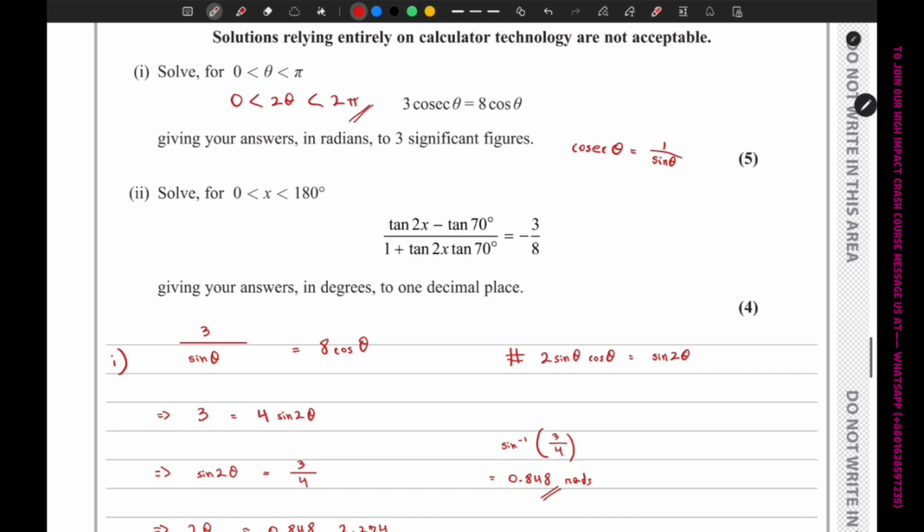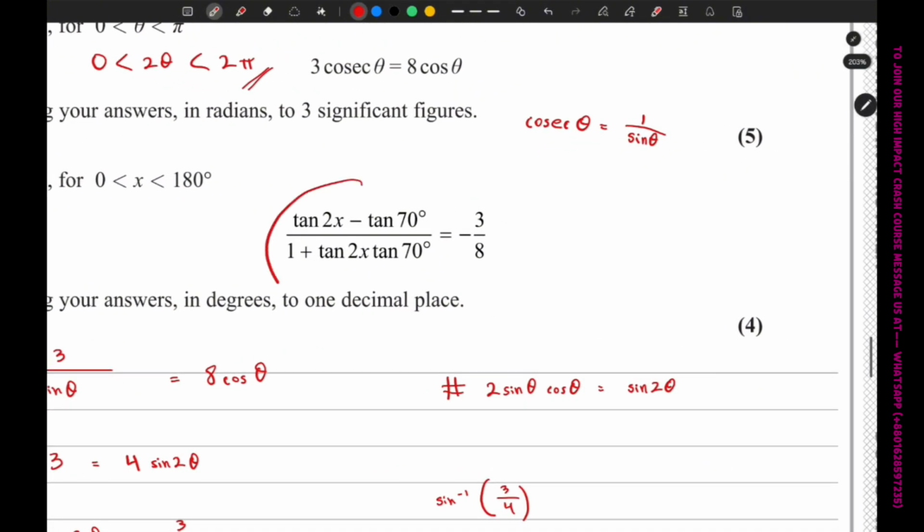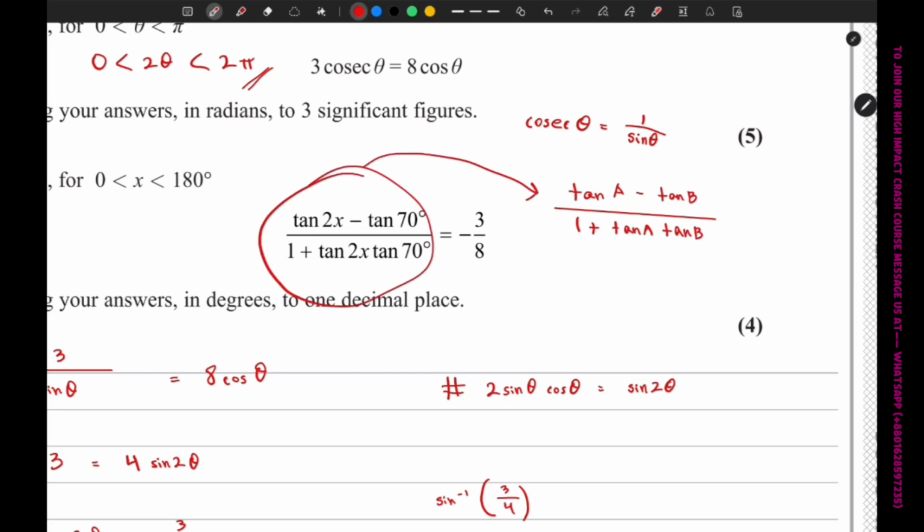Now for the second part, we need to solve this equation, and the range is given. Range of x is given in degrees. Now as you can see, this value is in the form tan A minus tan B over 1 plus tan A tan B. This expression is in this form, which means that I can write it in this format because this is a trigonometric identity.